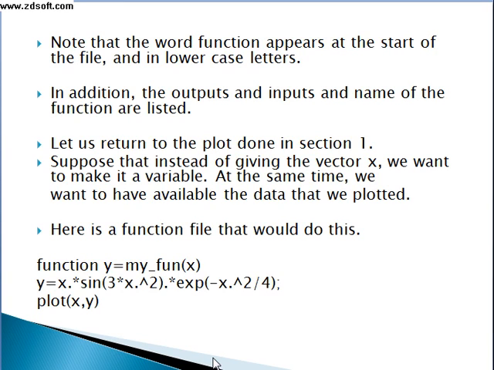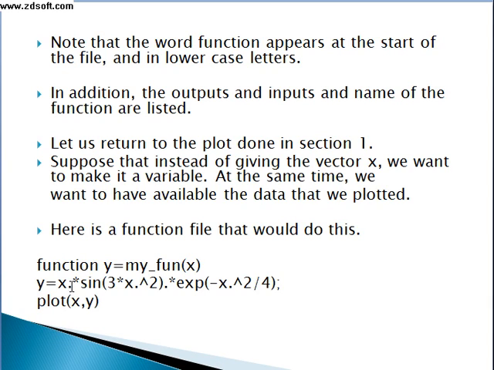Let us return to the plot done in section 1, that was x from minus pi to pi and y is equal to x sin x and so on. Suppose that instead of giving the vector x, we want to make it a variable. Okay, and at the same time we want to have available the data that we plotted. So here's the function file that would do this.